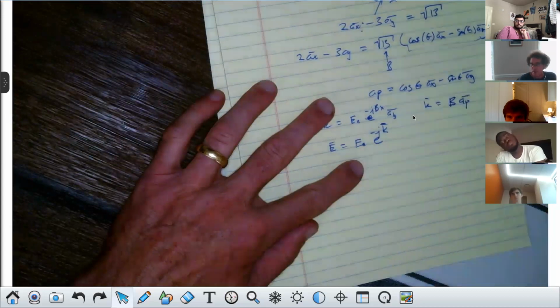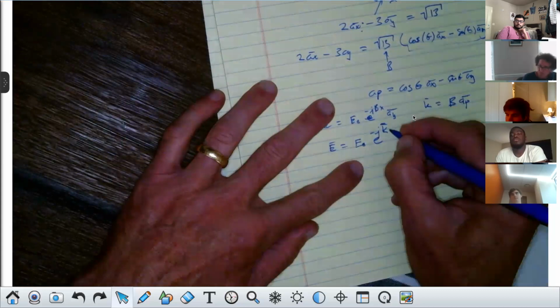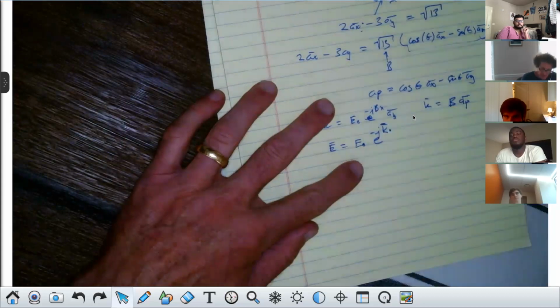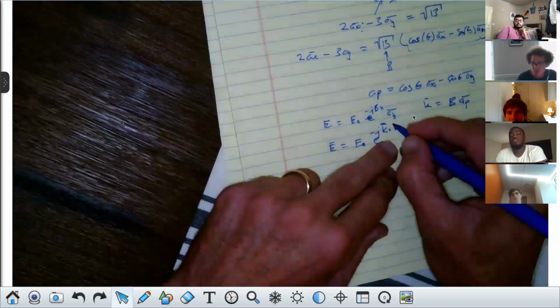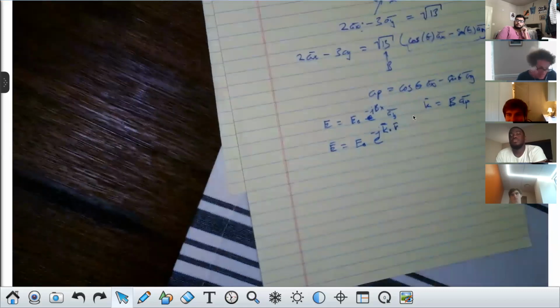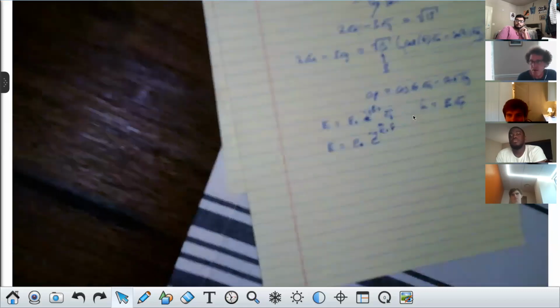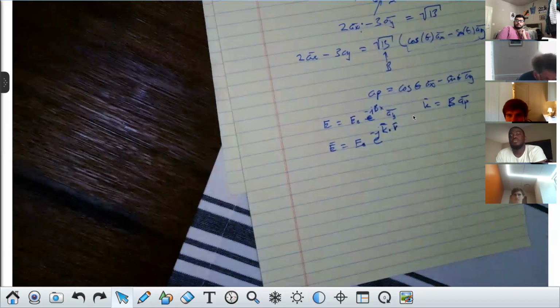Can everybody follow me on that? And then that's dotted in right here with something that would be a vector r, and that's the way it's propagating, but this is the way the vector r is manifest.